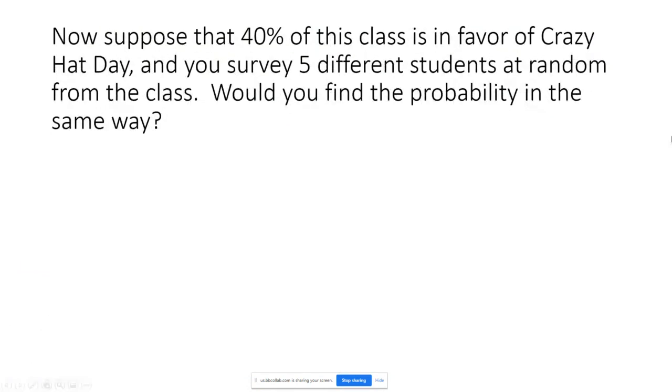All right. Now suppose that 40% of this class is in favor of Crazy Hat Day. There are 4 people in class in person today. There are 8 people registered for this class. And you survey 5 different students at random from this class. Would you find the probability in the same way?